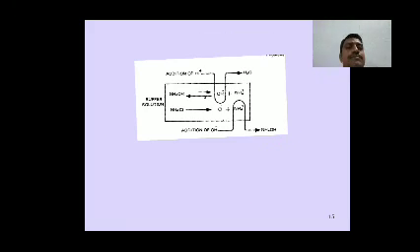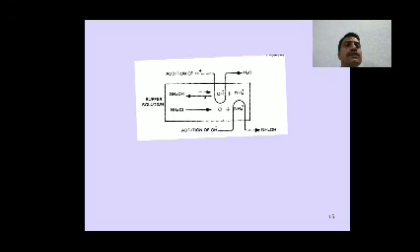The action of base buffer solution on addition of strong acid and strong base. Ammonium hydroxide gives NH4 plus and OH minus ions, ammonium chloride gives NH4 plus and Cl minus ions.